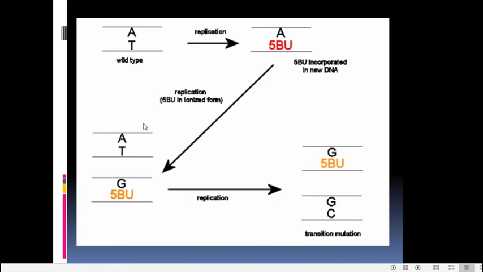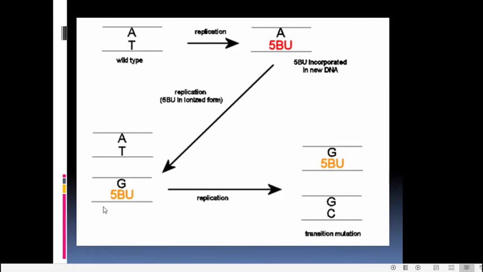When this DNA undergoes the next replication, this A will separate as one template strand, and this strand with 5-bromouracil will separate as the other template. This is the first template with 5-bromouracil and this is the next template with A. But what difference we can see is, earlier this 5-bromouracil was incorporated in the keto form, but now it is in the enol form.